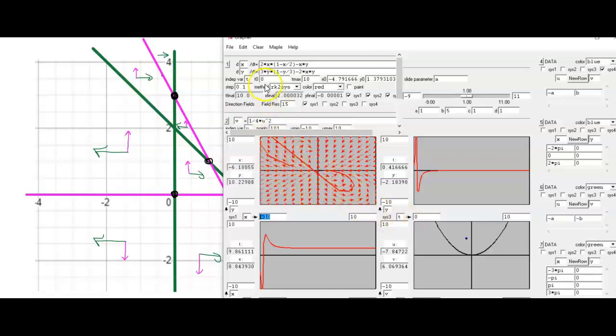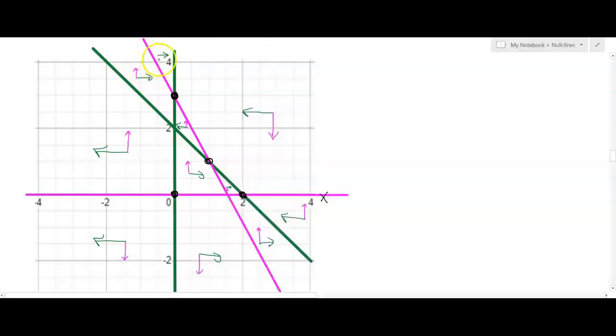And I think there's probably some wacky stuff going on here because our step size is too big. There we go. That's a little bit better. And so what actually happens is this point breaks through here. Now all those vectors point up and to the right. And when it hits this Y nullcline, we forgot to label the vectors right above here.